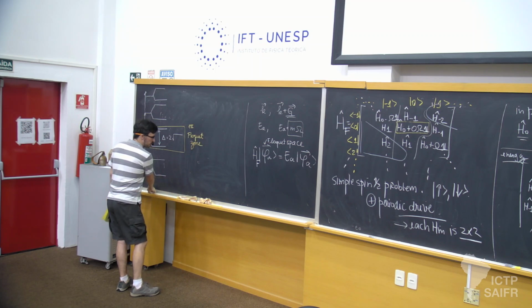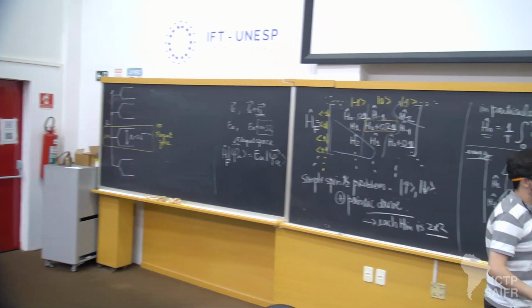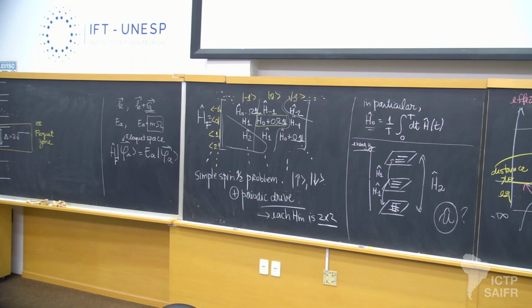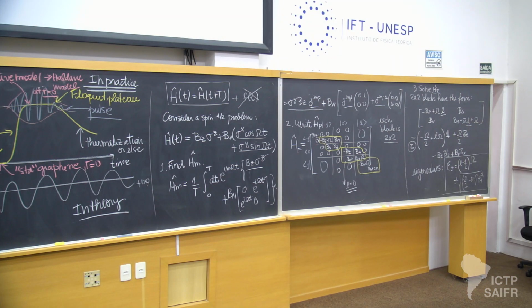I'm not being very rigorous here because I'm mixing a bit. This L is not the same as this 0, 1, and so on, but that's not a problem. If you prefer to keep this guy and this guy, you're also fine. All right? So this is the solution of the problem.